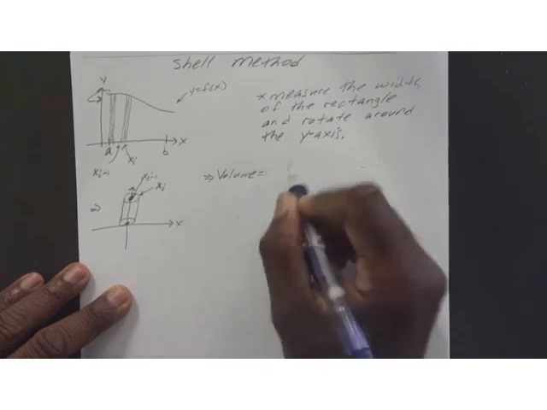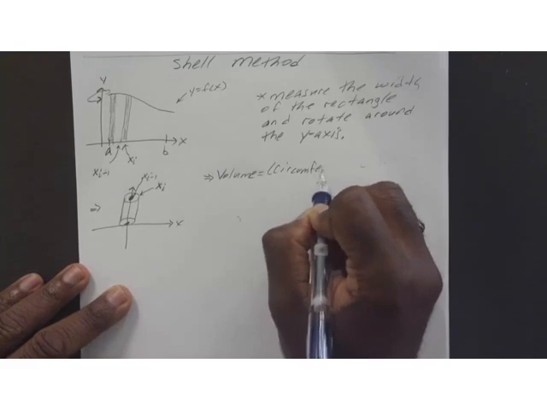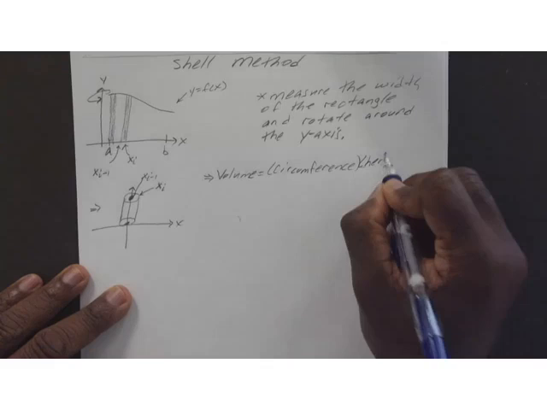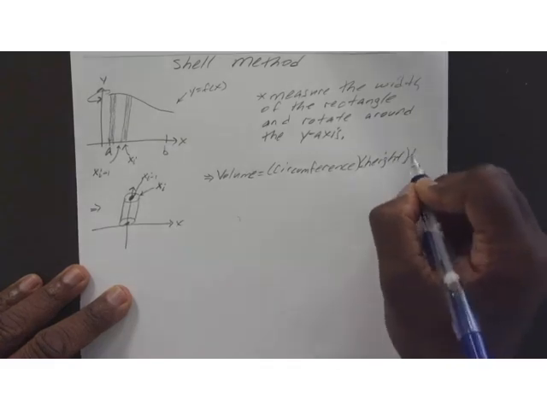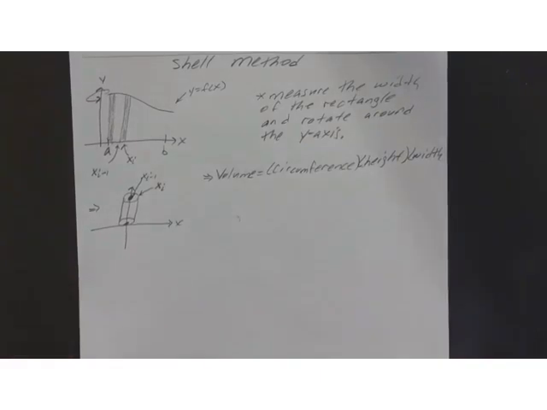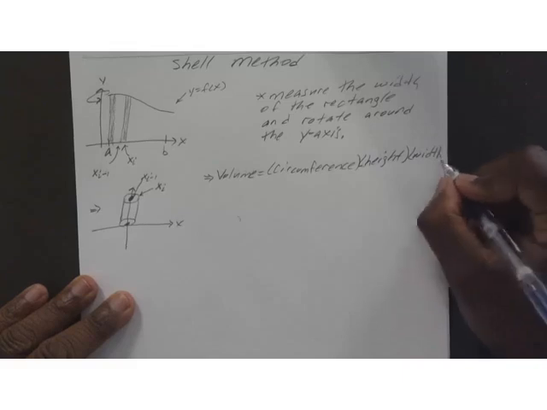Volume equals circumference times the height times the width. Make that h a little bit neater. There we go.